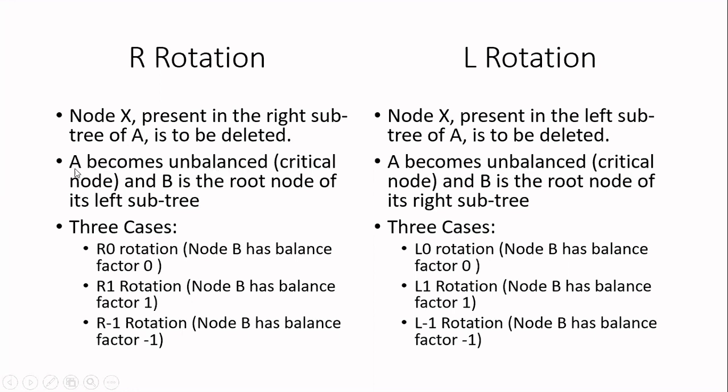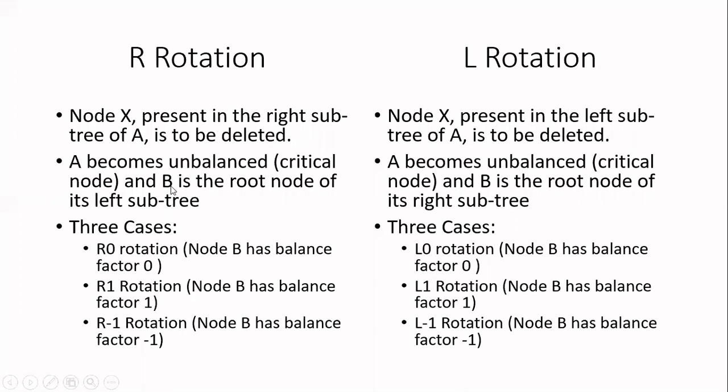Now, with respect to this node, you have to focus on the subtree. So which subtree do you have to focus on now? You are deleting node X that is present in the right subtree. Now you focus on the left subtree of the node A. Because A is a critical node, you focus on the left subtree of node A. If B is the root of the left subtree of node A, then we are going to proceed with this B now.